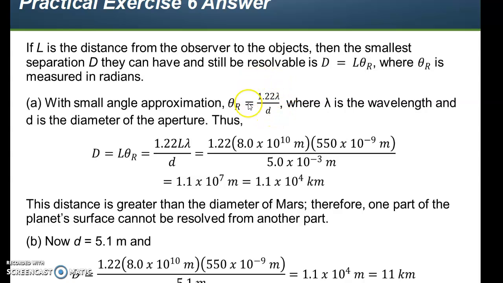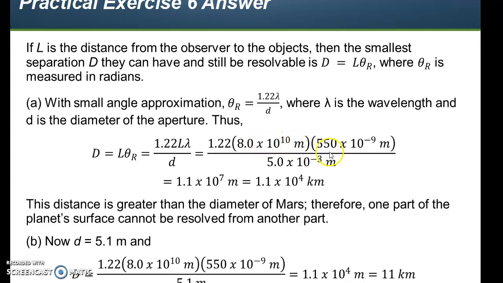So if we take this value right here and substitute it into this equation, it becomes 1.22 times the distance to Mars times the wavelength divided by the aperture of your eye. So it's 1.22. The distance to Mars is 8 times 10 to the 10th meters.